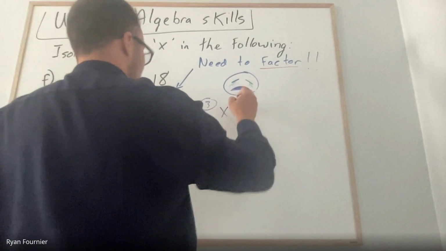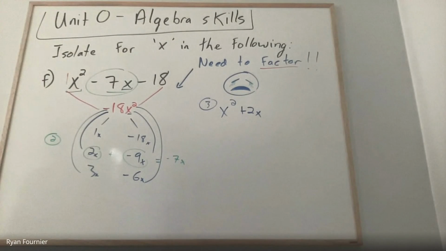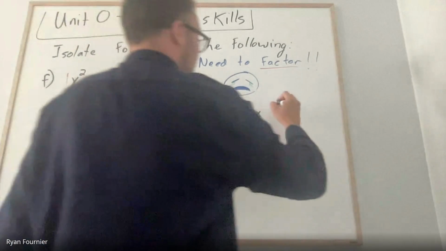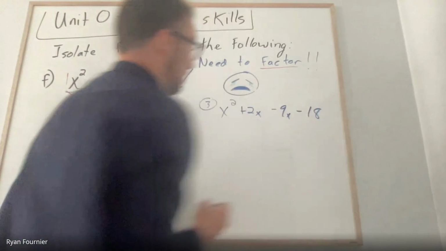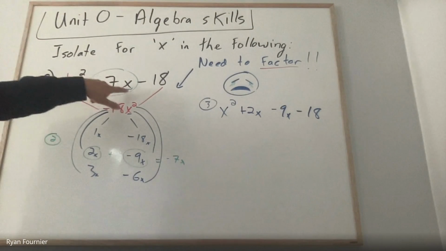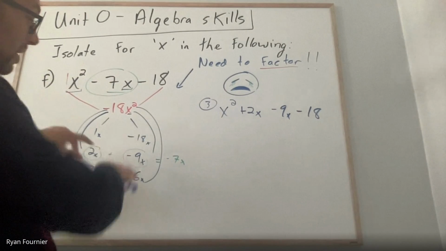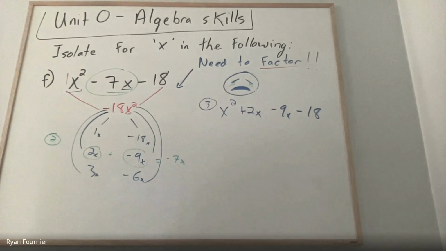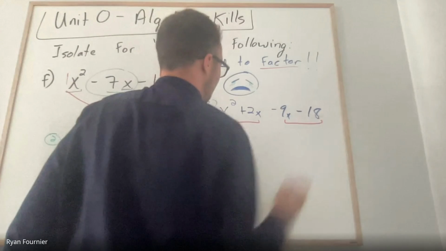We're going to go x squared plus 2x, and then the next part, minus 9x minus 18. So instead of writing minus 7x, we're expanding minus 7x into 2x plus minus 9x, or just 2x minus 9x. Okay, and then from here you group, which means we're going to factor each one of these out separately.